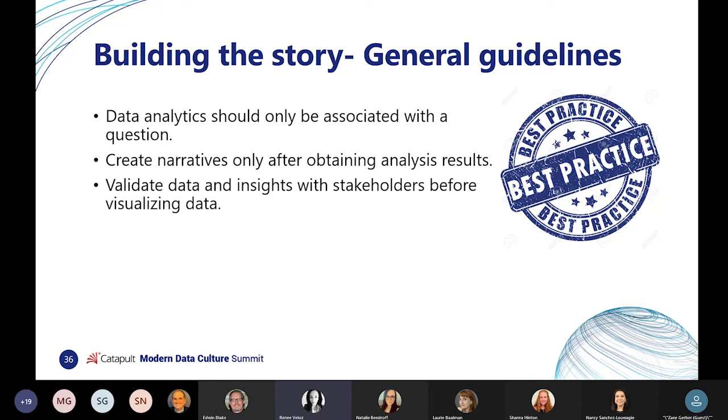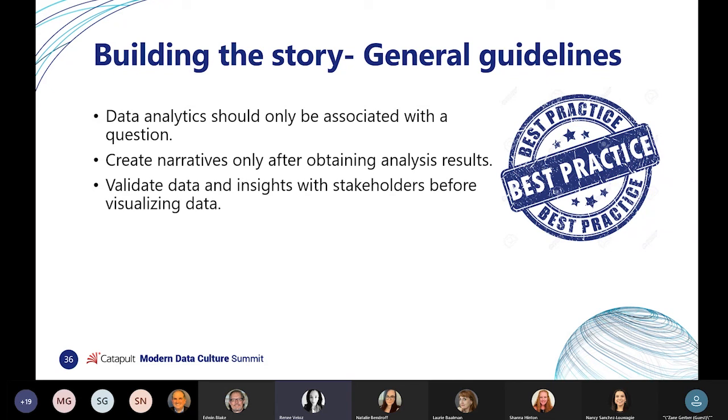So next is create narratives only after obtaining analysis results. We only want to create stories after we've looked at all the data and discussed it with the business.